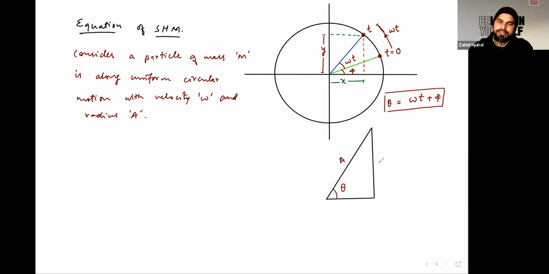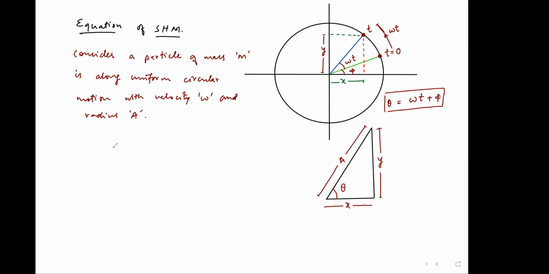This is the radius of the circular path. This is the y component and this is the x component. Fatima, any doubt?